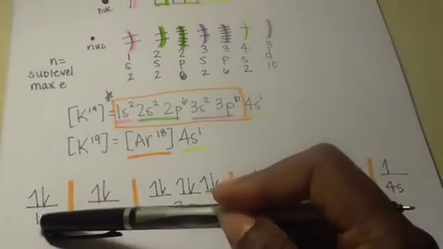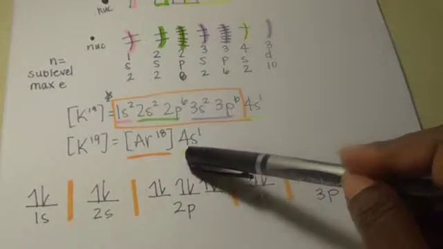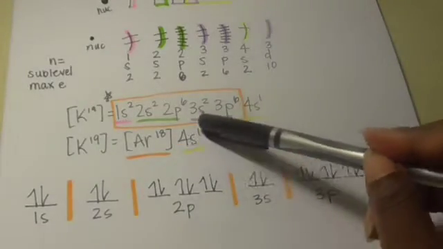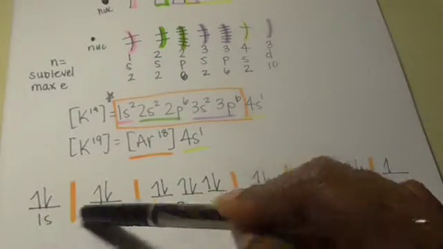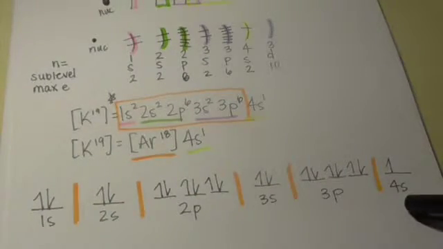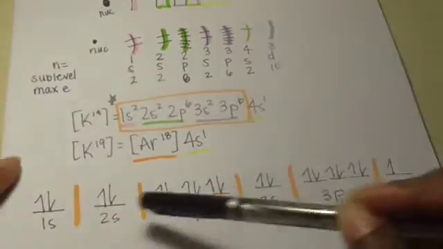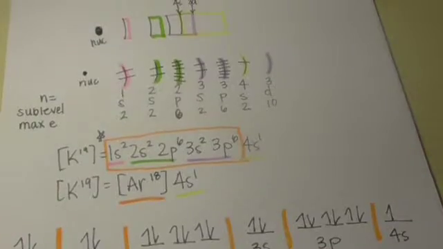As far as your orbital diagrams, what I told you was that you only had to draw past the noble gas. So if this is your noble gas configuration here, argon 18, you could just do the 4s1. You don't have to do all of these, but for some of you, it may benefit you to start from the beginning. So if you're doing just this part and you don't know how to do it, go back and do it all and it'll make more sense because it directly corresponds to these rings.